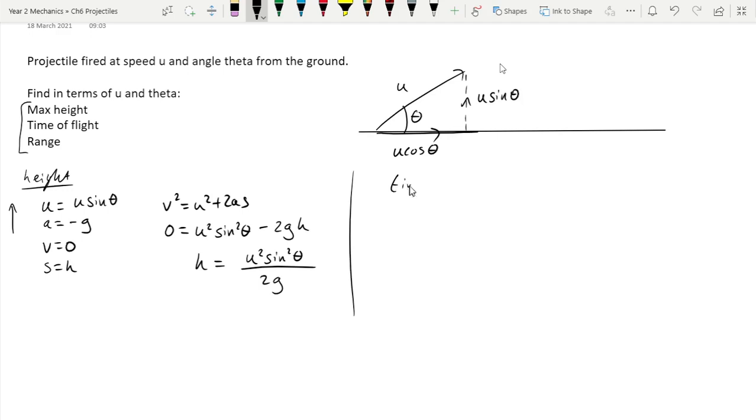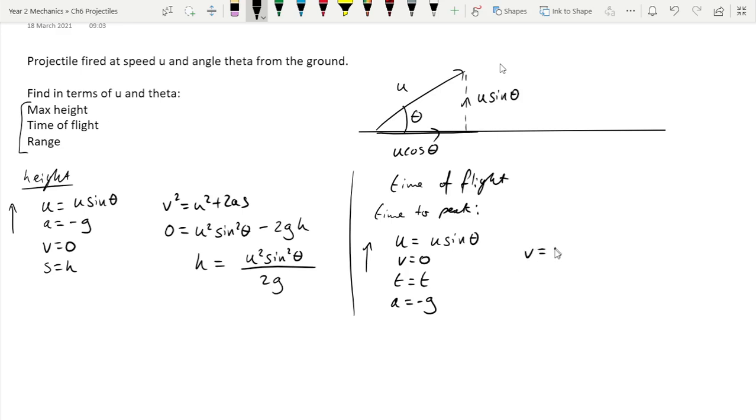Now, the time of flight. I'm going to find the time to the top and then double it. So the time to the top, or the time to the peak, we could call it, u vertically is u sine theta, v is 0, t is what I'm trying to find, and a is minus g.